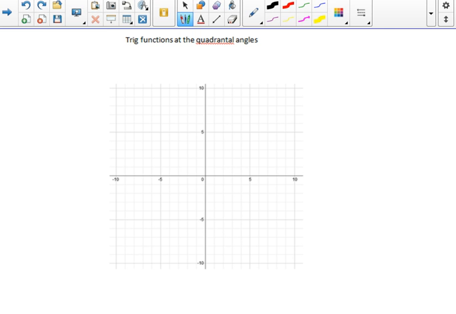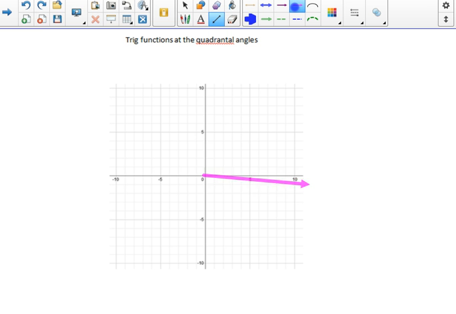All right, let's look at a few weird cases. If you recall, the quadrantal angles, I don't know how to say the word, but anyway, are the ones along the axes. So 0 degrees is one of them, 90 degrees is another, 180 is another, and 270.